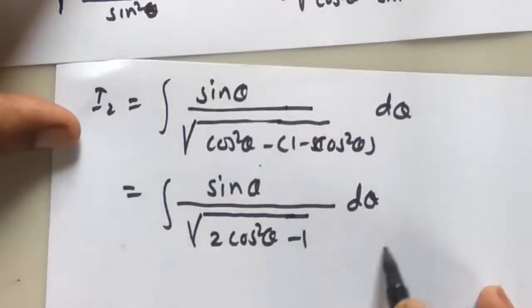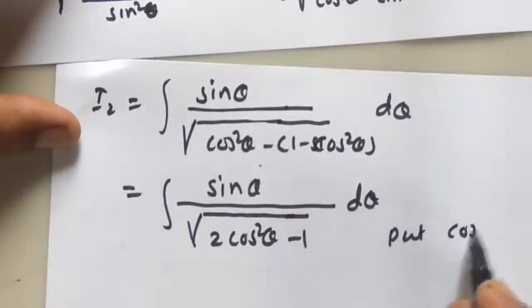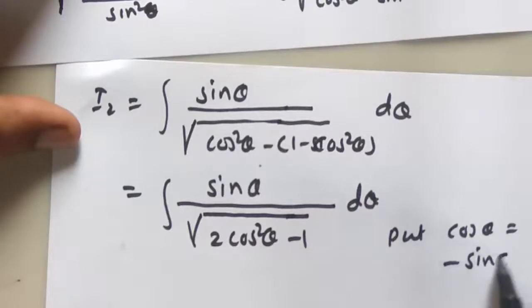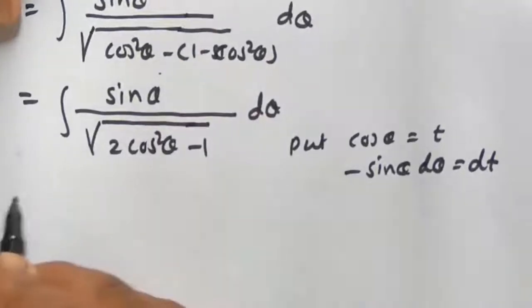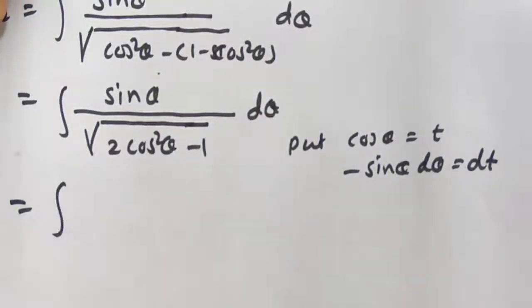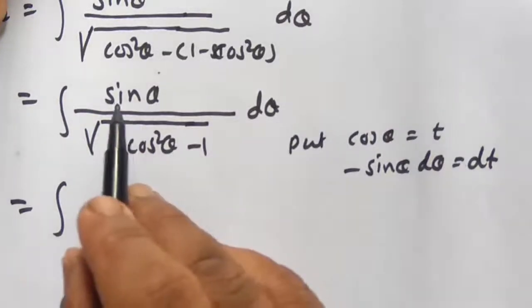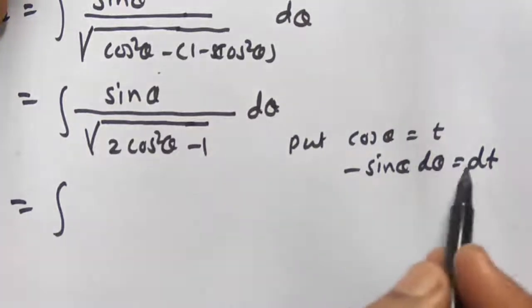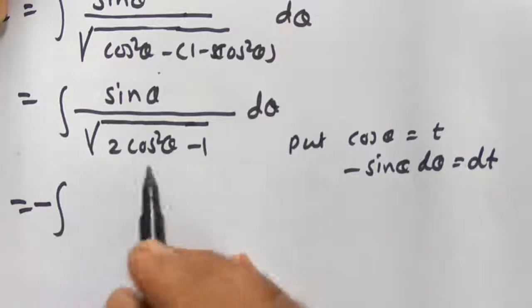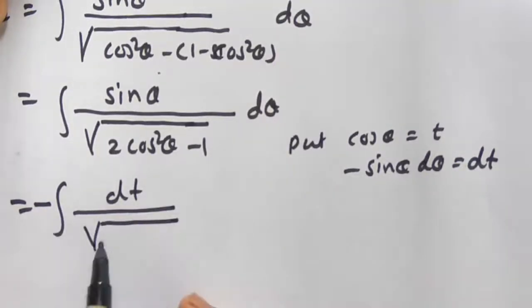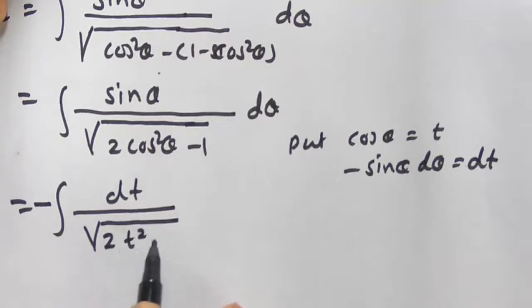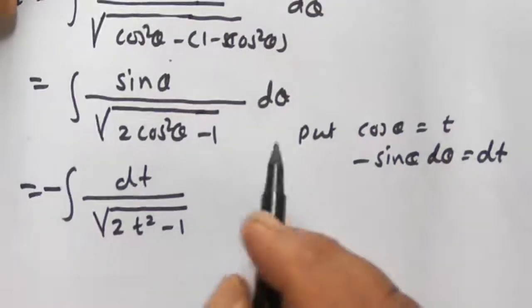Now put cos theta equal to t, its derivative minus sin theta d theta is equal to dt. Therefore sin theta d theta is equal to minus dt, so it is minus dt upon under root of 2t square minus 1.